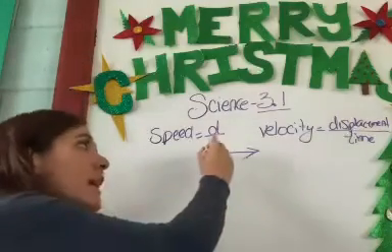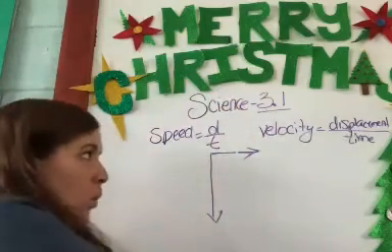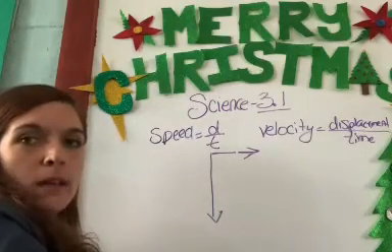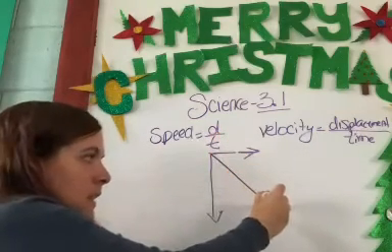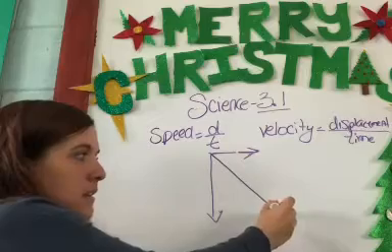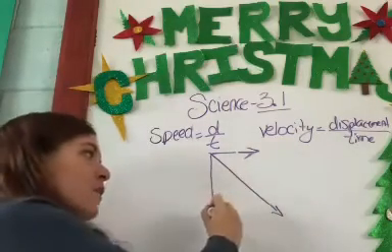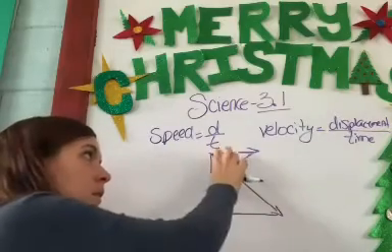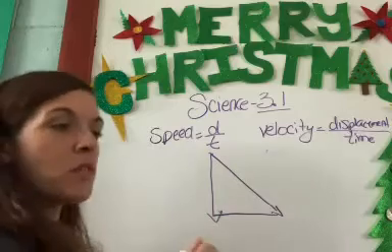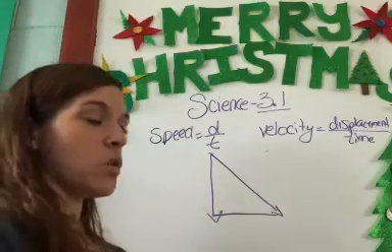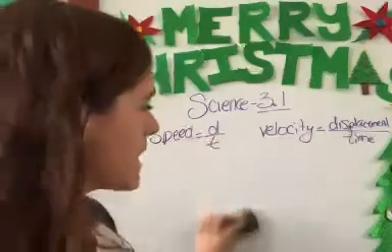So if it's trying to go towards the east, but it's being pushed down, what direction is it actually going to be going? It's actually going to be going to the southeast, okay, to the southeast. Well, at what velocity? Well, you can easily find that if you recognize that this is a what? A right triangle. Okay, so that is what the example is going to show us, so you can see the real application for it. Then we can get ready for practice 3.1c.